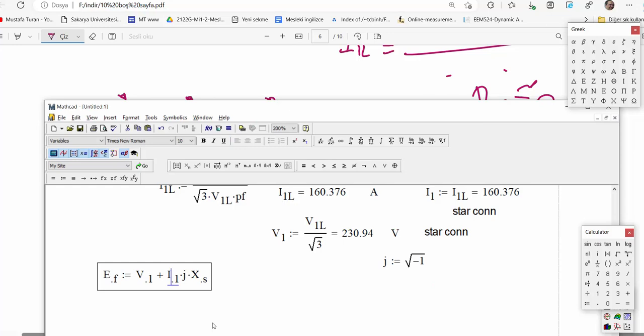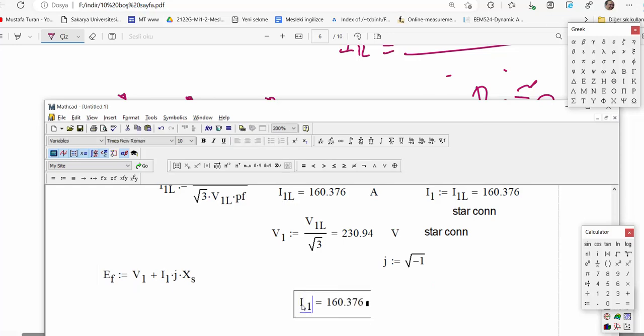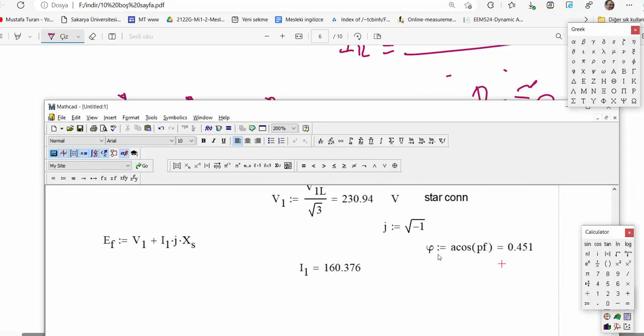And I1, ladies and gentlemen, what is I1? I1 has such a value, but it is just the amplitude. So what is the power factor or phase angle? Phase angle is arccosine of the power factor, and it has such a value in radians.